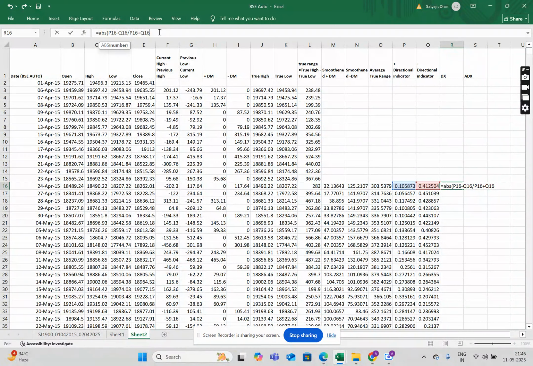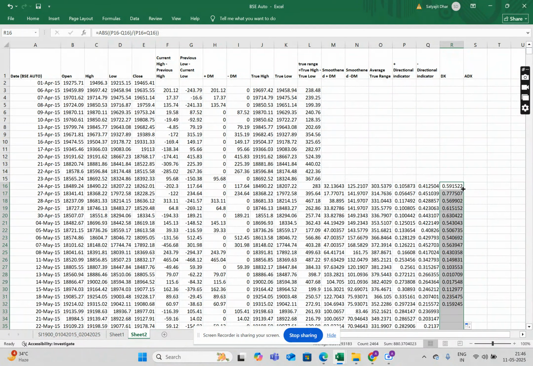Let me just adjust the formulas a bit. So this is the directional index.